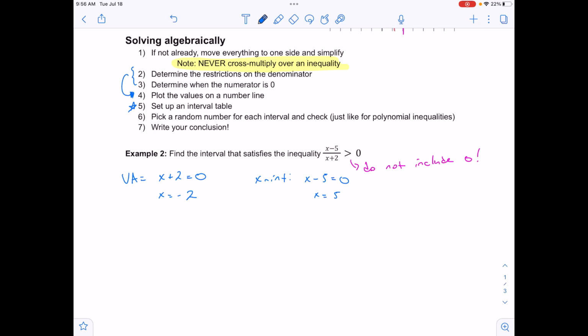So we plot these numbers on a number line to help us find our intervals. Okay, so we've got sort of three sections here.